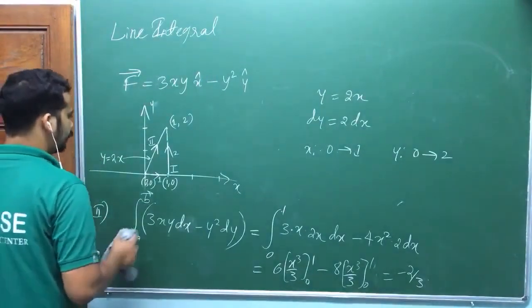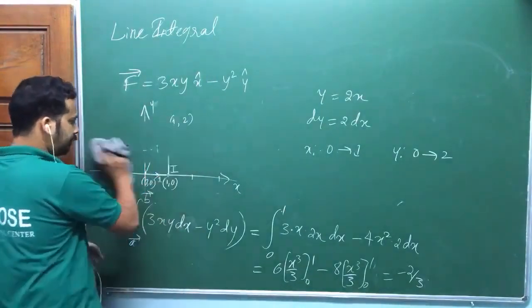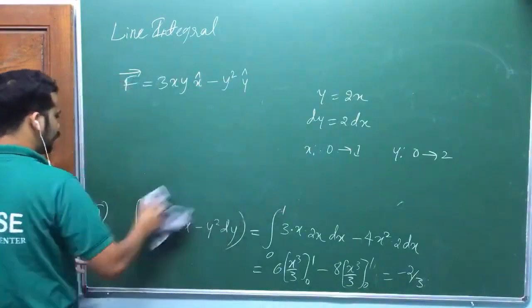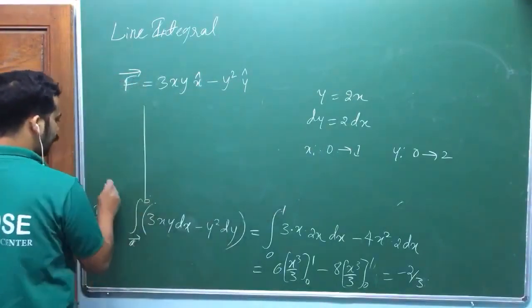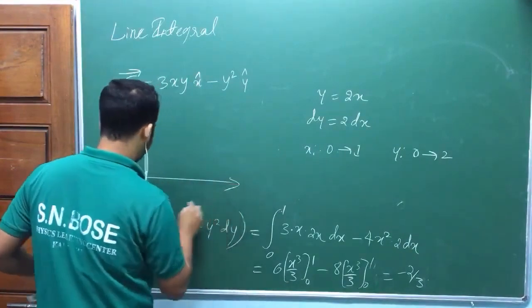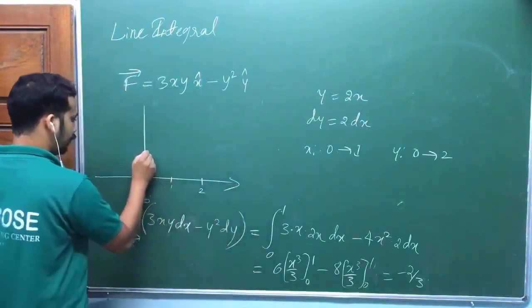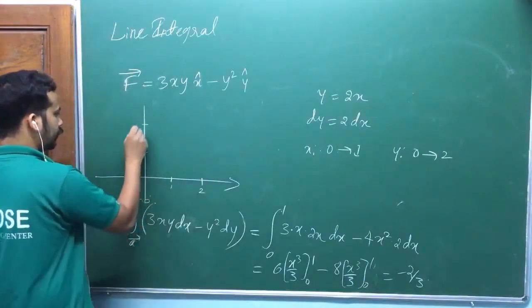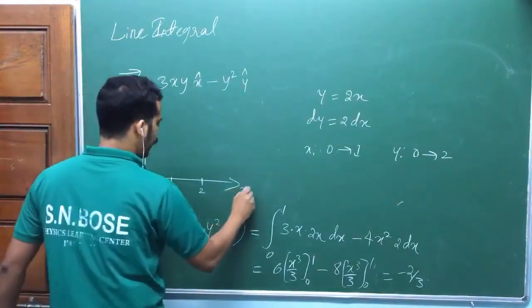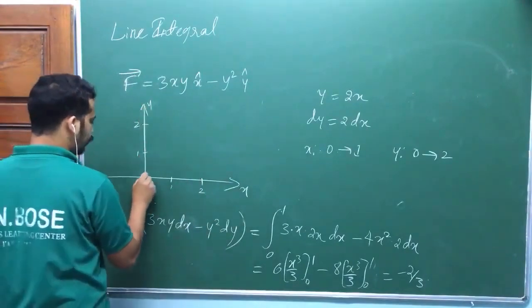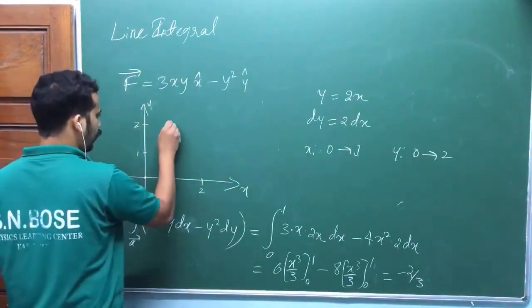Let me take the same question. Let me rub out this. Quite difficult to draw on the top. 1, 2 here. X-axis, Y-axis. So 0, 0 to 1, 2.